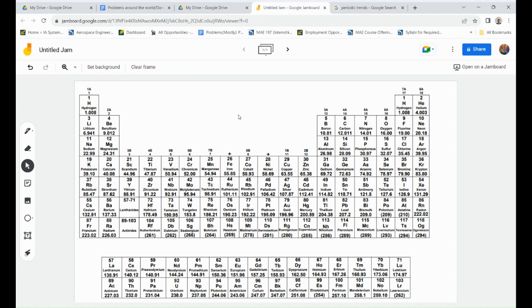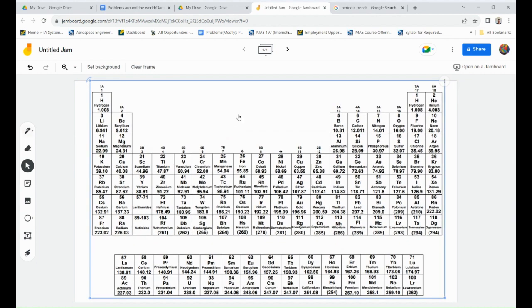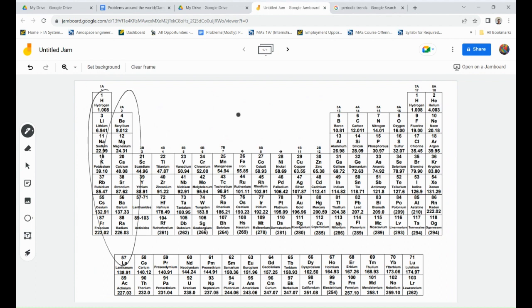The general idea is that if you have the periodic table, you can use it to generalize what you would expect. It might not be true, but you can generalize what to expect when these two interact with each other.